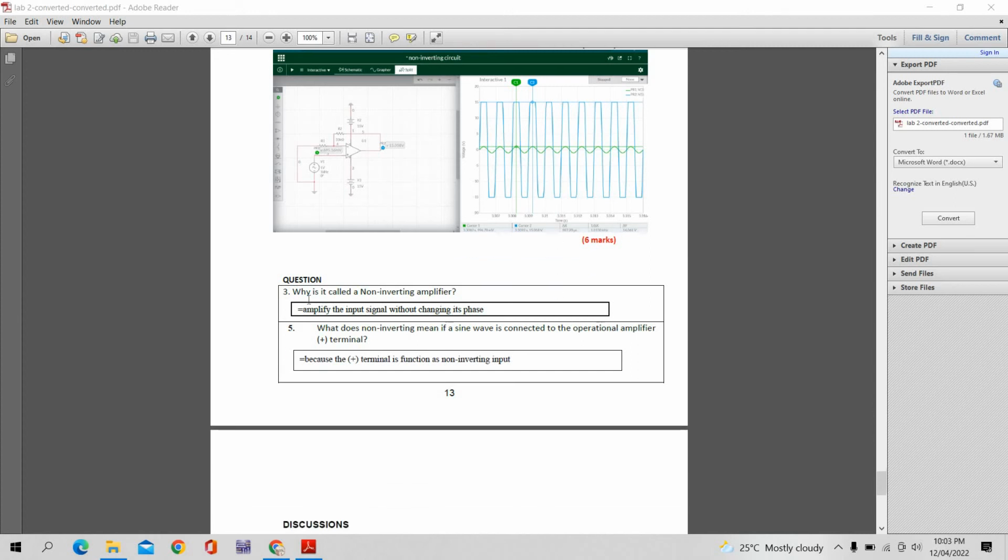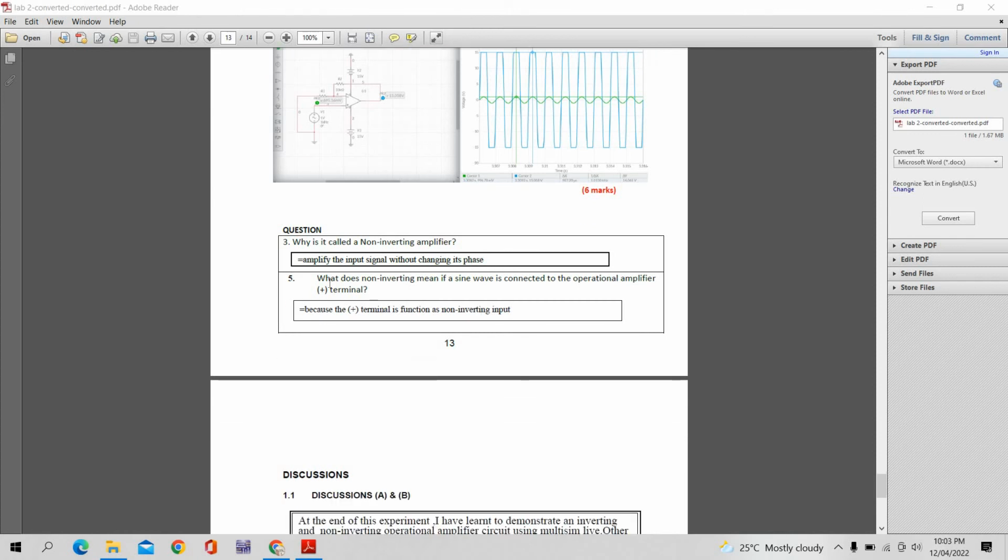And for the question, why is it called a non-inverting amplifier? Because the circuit amplifies the input signal without changing its phase. What does non-inverting mean?